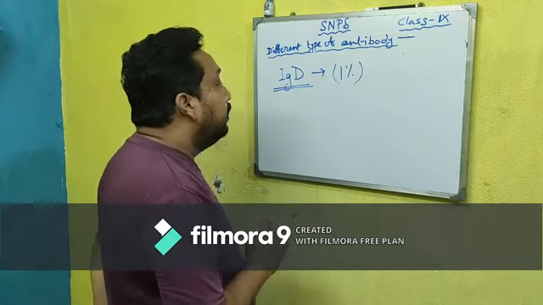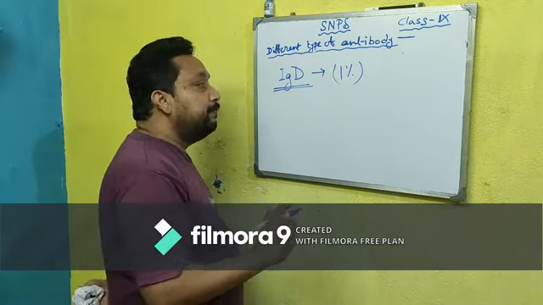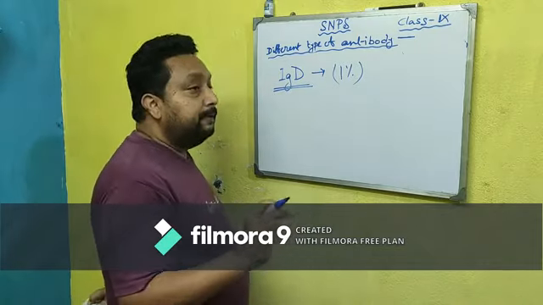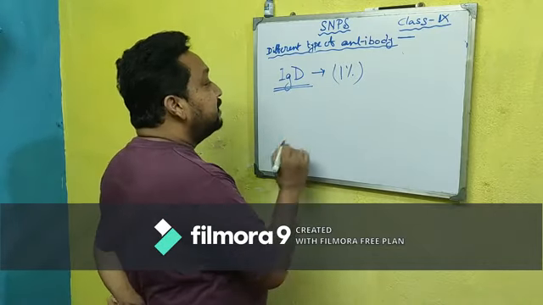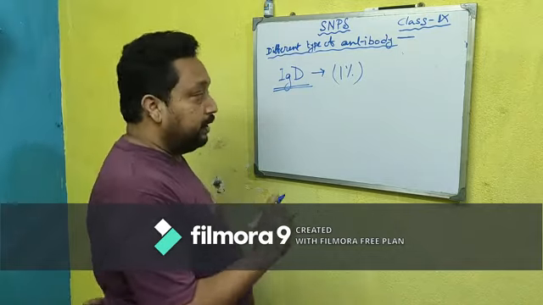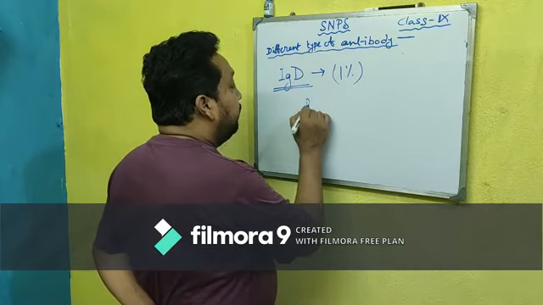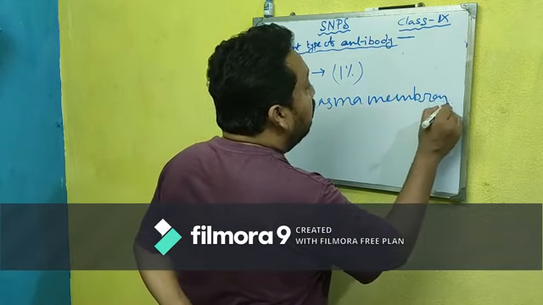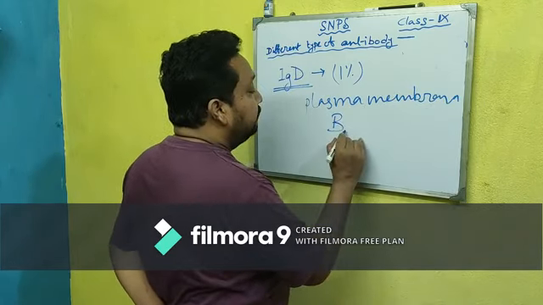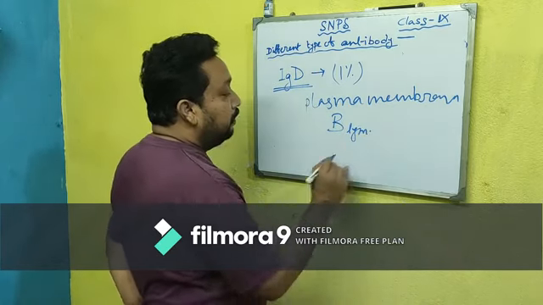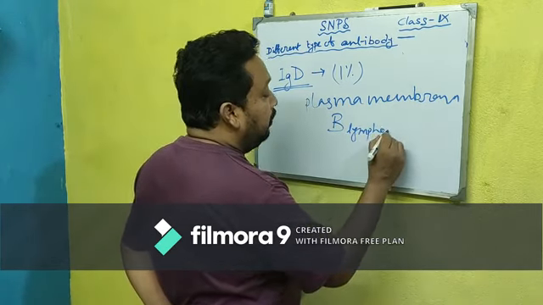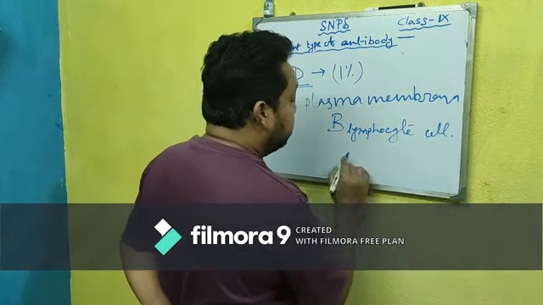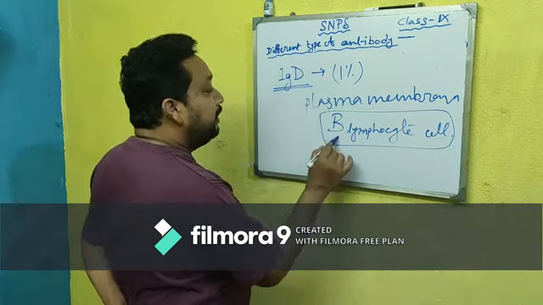It varies, but its role is very big because of its presence in the plasma membrane of the B lymphocyte cell. B lymphocyte cell means B cell.